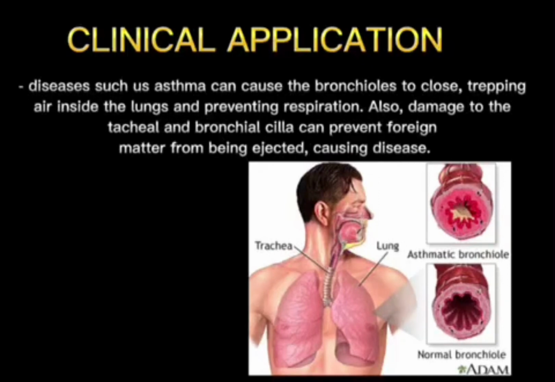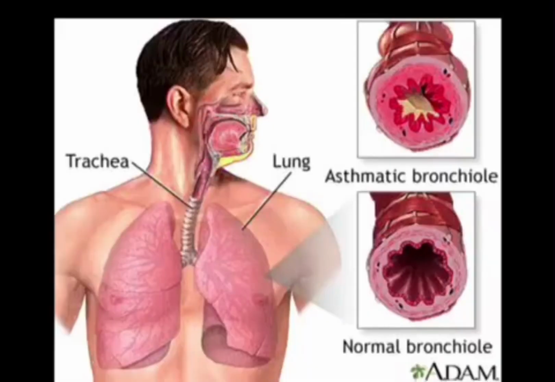Also, damage to the tracheal and bronchial cilia can prevent foreign matter from being ejected, causing disease. So basically, the respiratory system is responsible for taking in oxygen and expelling carbon dioxide. And it is how we breathe.